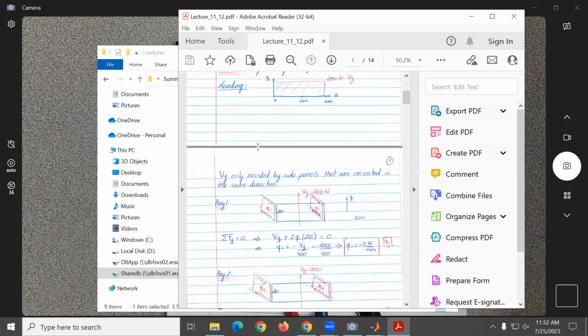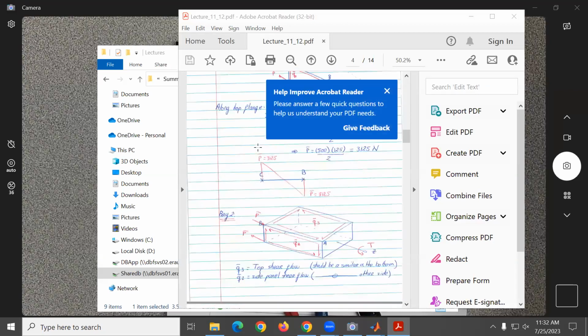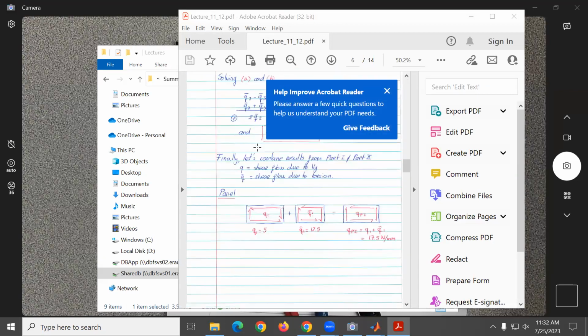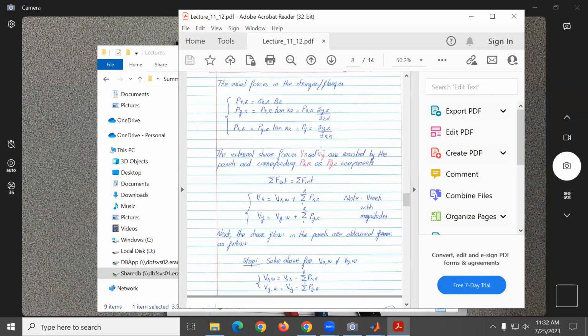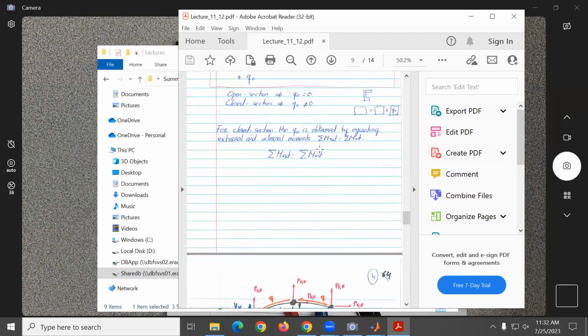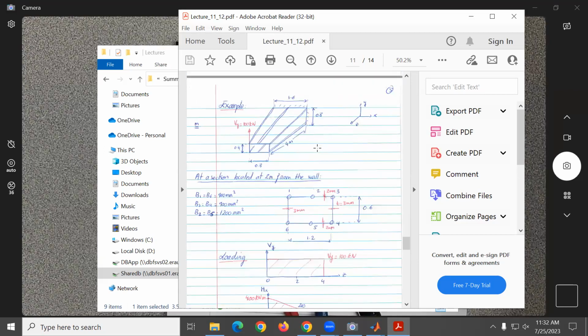Yeah, so we had this problem, no? That we saw one method, then we made one cut right before the 2 meters, another cut right after the 2 meters.